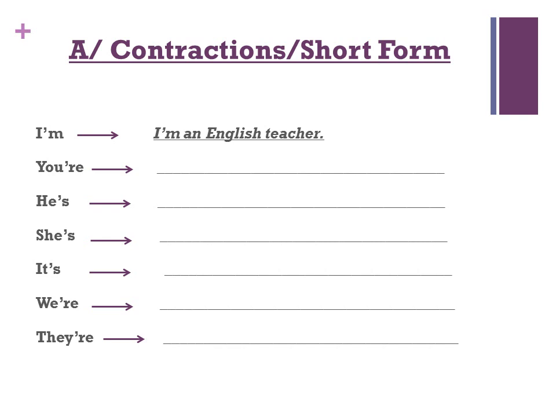So the first exercise is about contractions, short form. So you are going to give me the short form of these pronouns. I'm an English teacher. You're an English teacher, etc. So you are going to finish these sentences, or let's say these pronouns, and give me the sentences.